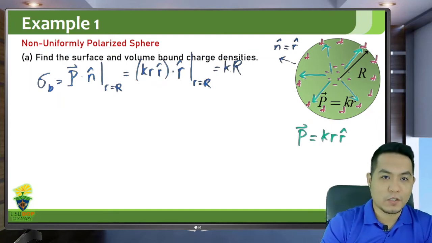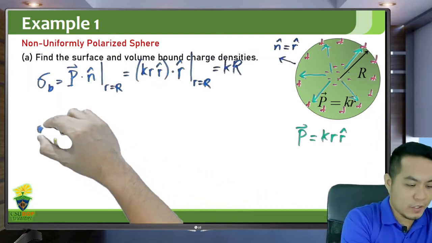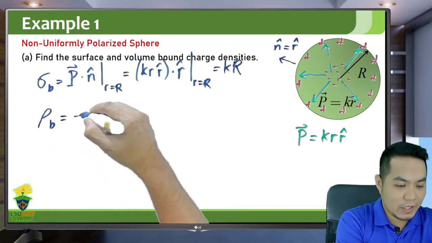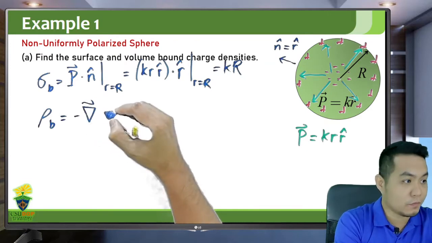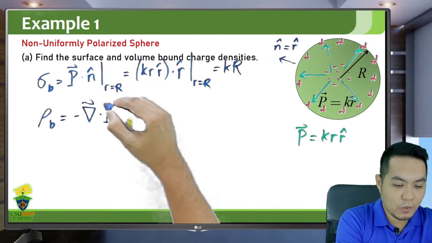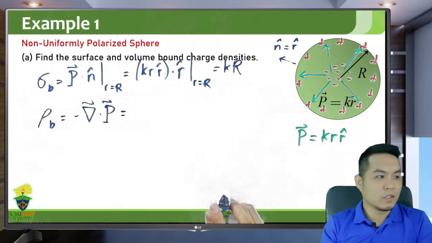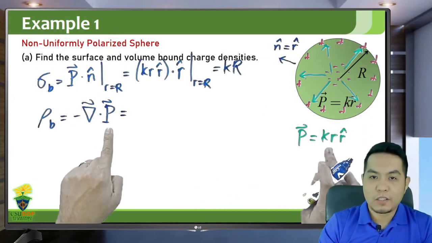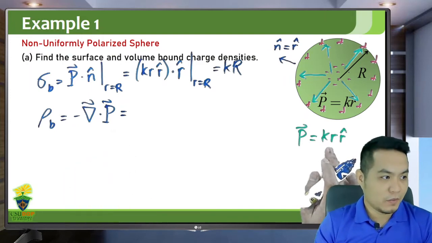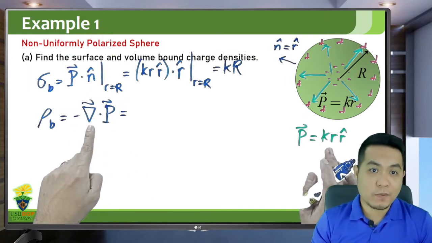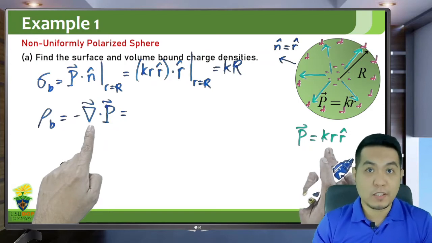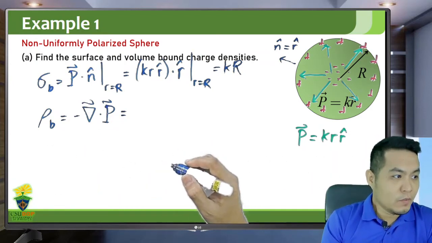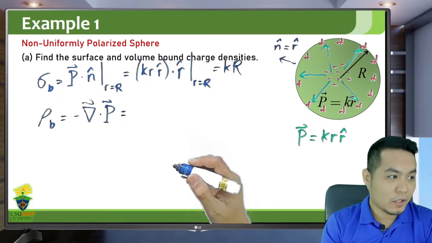How about the second question? Volume bound charge density. To solve for the volume bound charge density, we get the negative divergence of our polarization. Since our P is only composed of the r component, then in the divergence formula in spherical coordinates, we will just use the r term.